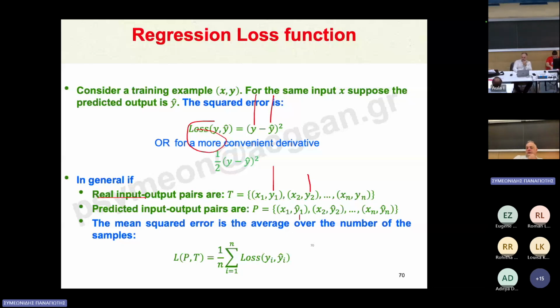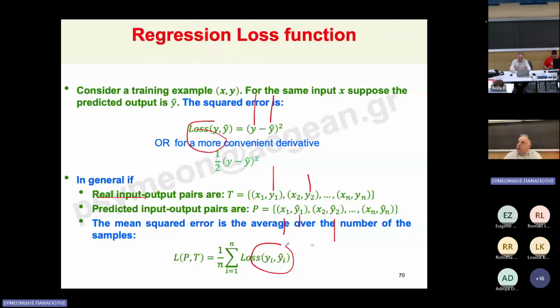So y hat 1 is the predicted rating for user X1, y hat 2 is the predicted rating for X2, etc. Then we can take the squared loss of the difference between the real and the predicted ratings, and we can compute the MSE, the mean squared loss, or the RMSE, or whatever you want to compute, and use it as a loss function.